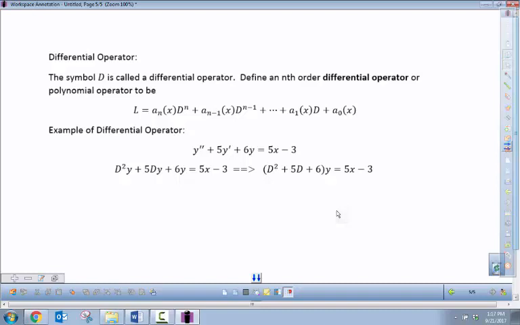So we can use D as a symbol, and then we get to focus on the D. We can pretend that's even a variable. D is called the differential operator, and that's what people tend to use when they want a total derivative of something.